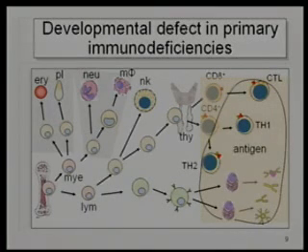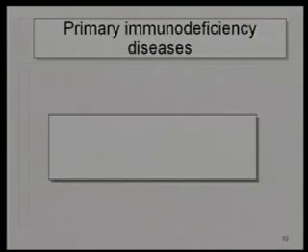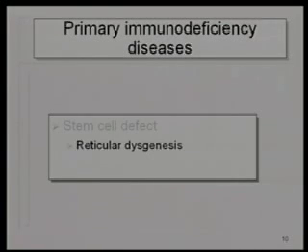We'll continue and go on to the very base here, and the first one is reticular dysgenesis. That results from a stem cell defect slightly beyond the platelet and red cells.